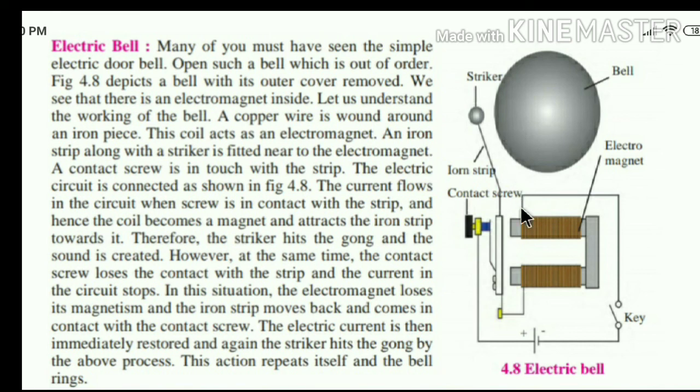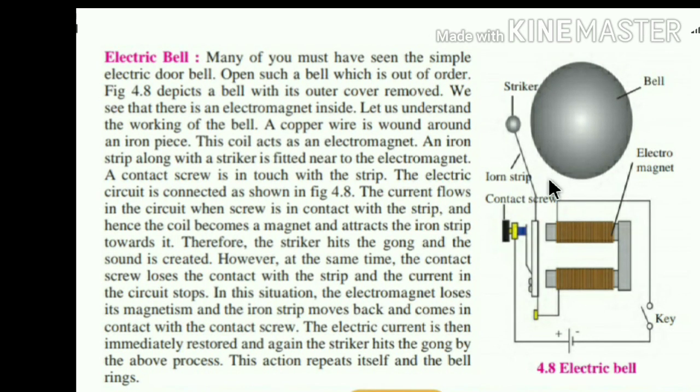When the circuit breaks, the electromagnet loses magnetism. Here the plug is not joined, the circuit is broken, and the electromagnet loses its magnetism. If the strip, due to loss of flexibility, does not return to the normal position of contact with the screw, the circuit will not complete and the bell will not ring.